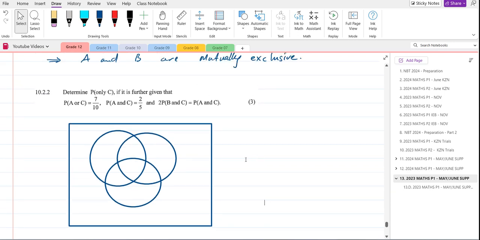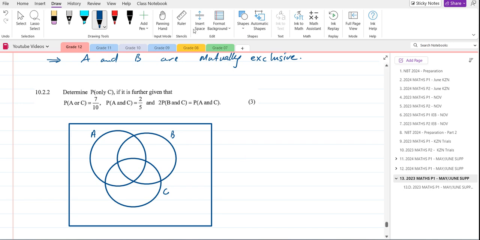We want to find the probability of C only. But we have a problem here because we're not given all three intersections. So this is A, this is B, and this is C. The probability of A or C is basically that circle and this circle.